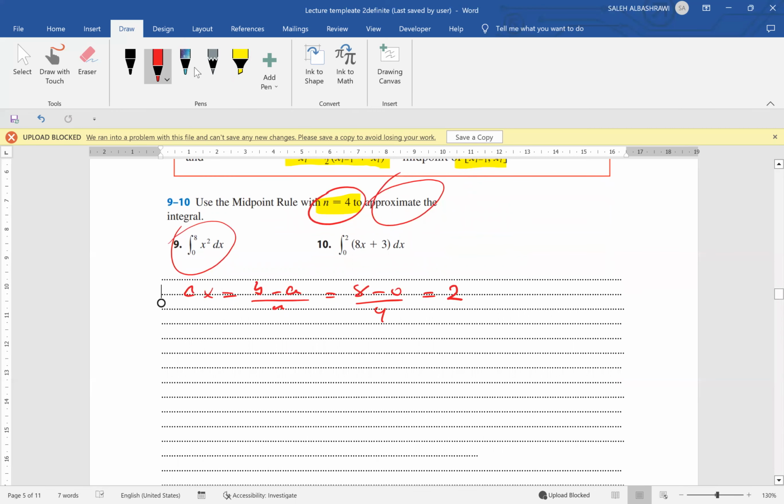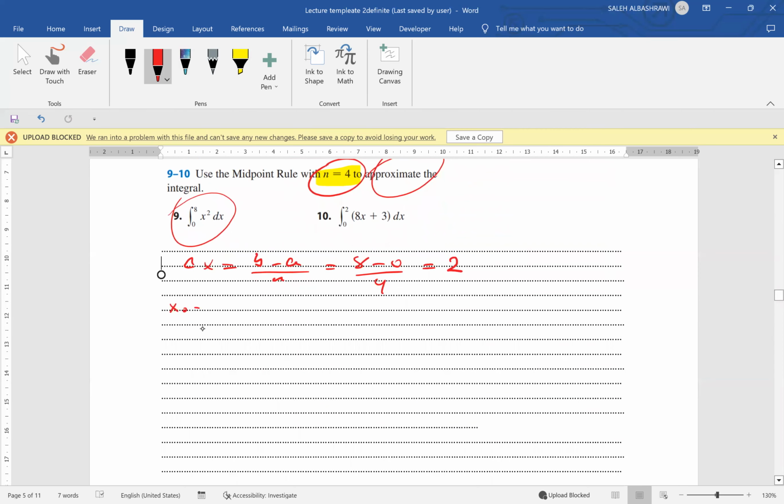Now we have x0, which is equal to a. In general, we know that xi is equal to a plus i delta x.